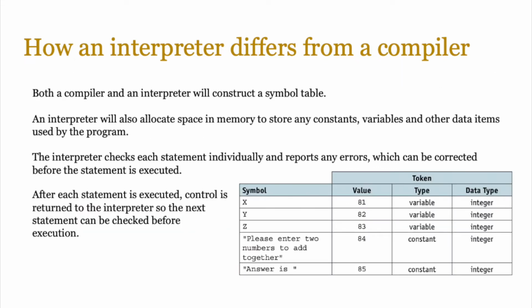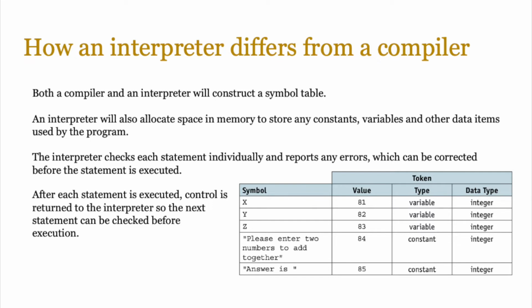Now, both a compiler and an interpreter will have to construct something called a symbol table because, say for example, you have a keyword like print. That print needs to be translated into something called a token, and a token is a number. And the reason we need to convert it into a number is because eventually everything needs to go into binary.